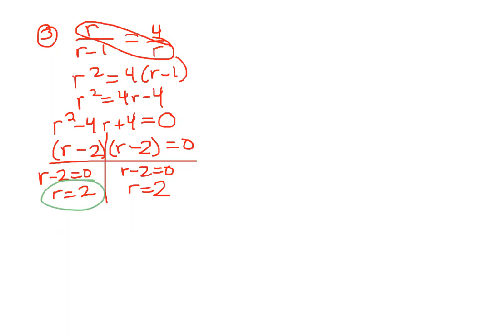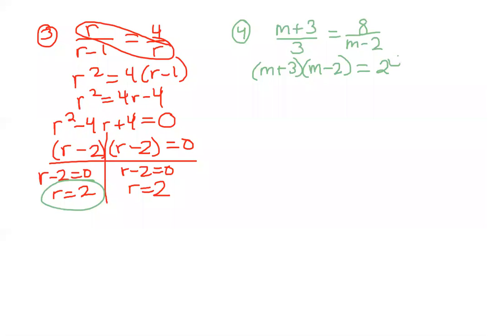Okay, let's look at number 4. M plus 3 over 3 equals 8 over m minus 2. Oh, look at this. When we cross multiply, we get m plus 3 times m minus 2 equals 24. 8 times 3. What in the world do we have to do there? We have to FOIL.